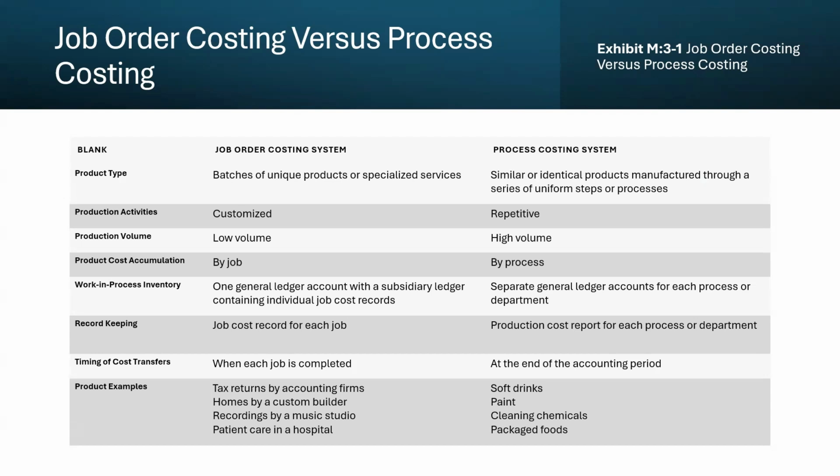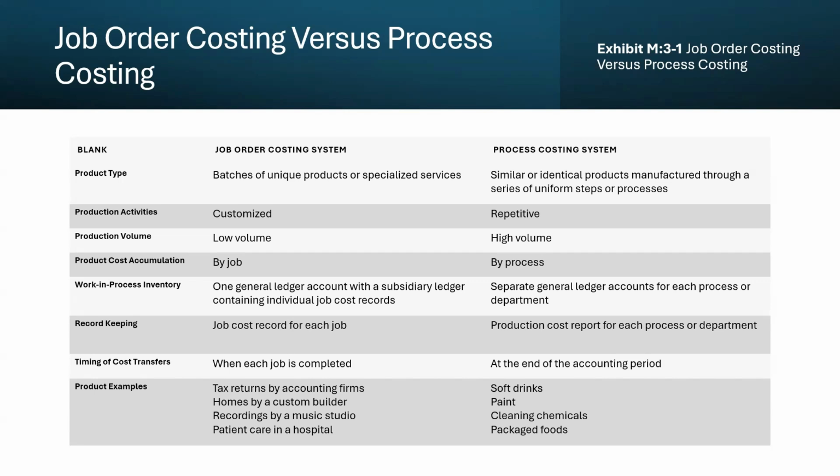Now, the main differences between job order costing and process costing lie in how and when costs are recorded in work in process inventory. Job order costing uses a single work in process inventory account with a subsidiary ledger containing individual job cost records for each job.